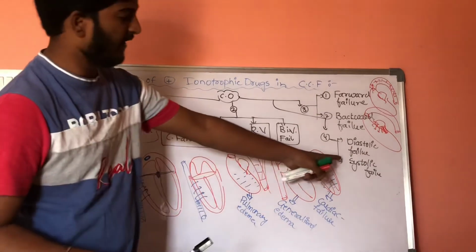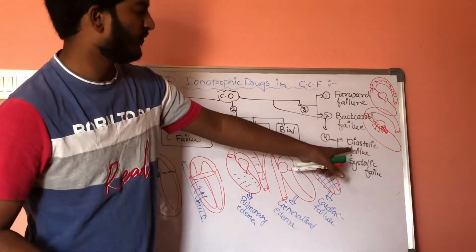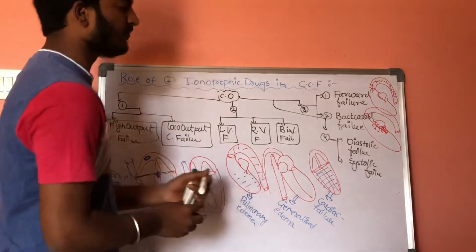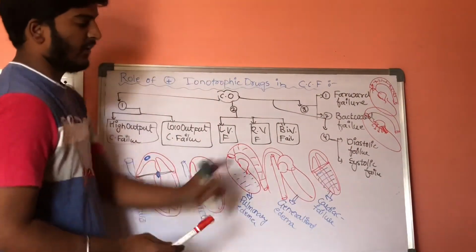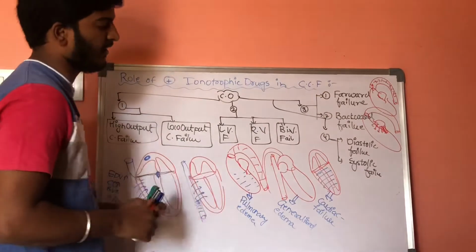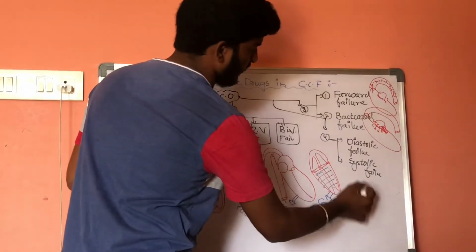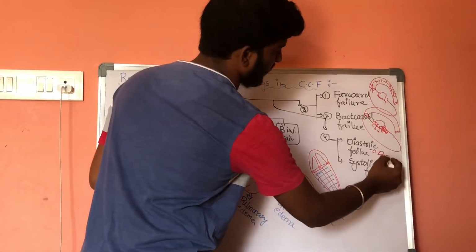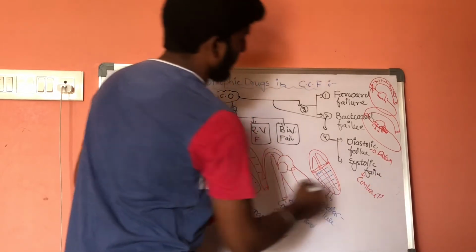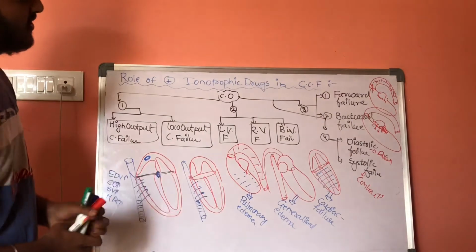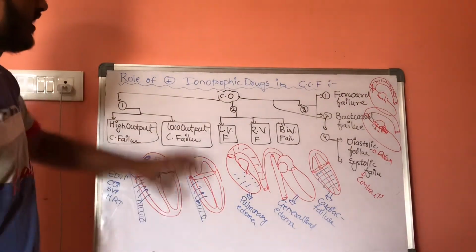Diastolic failure is failure during relaxation, whereas systolic failure is failure during contraction. It is during the relaxation and it is during the contraction. In this way, this is the overview of congestive cardiac failure.